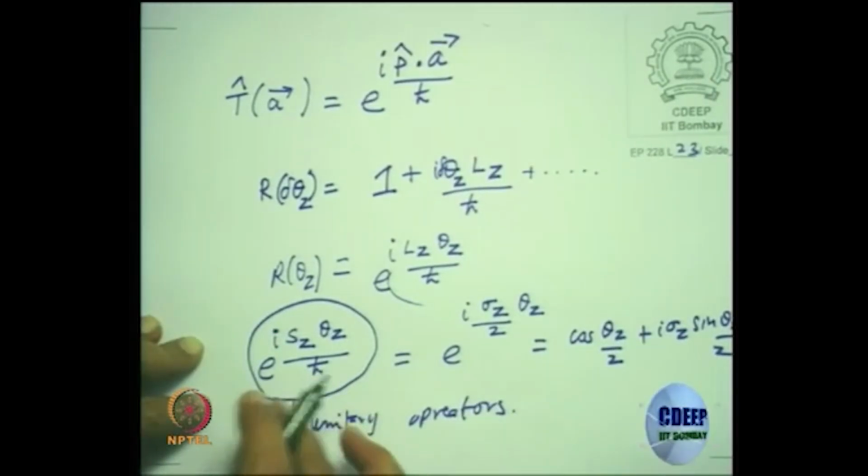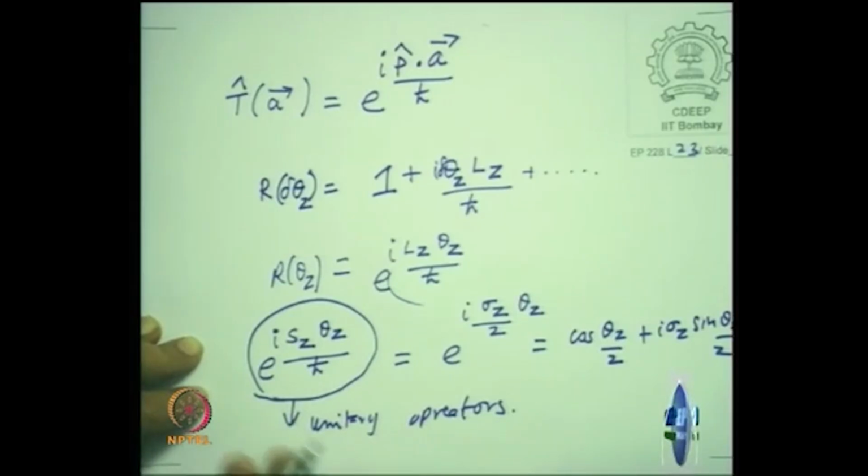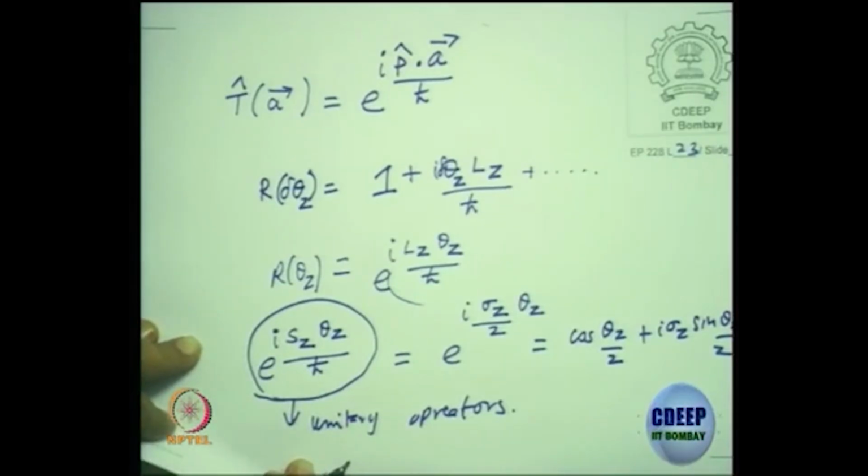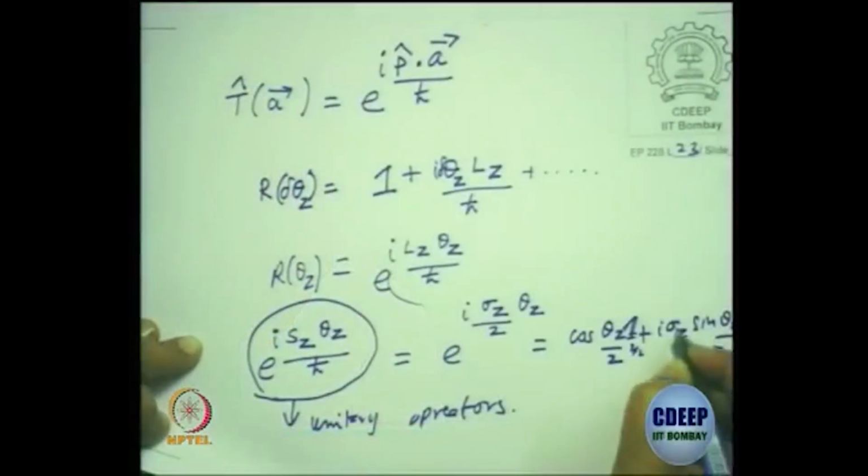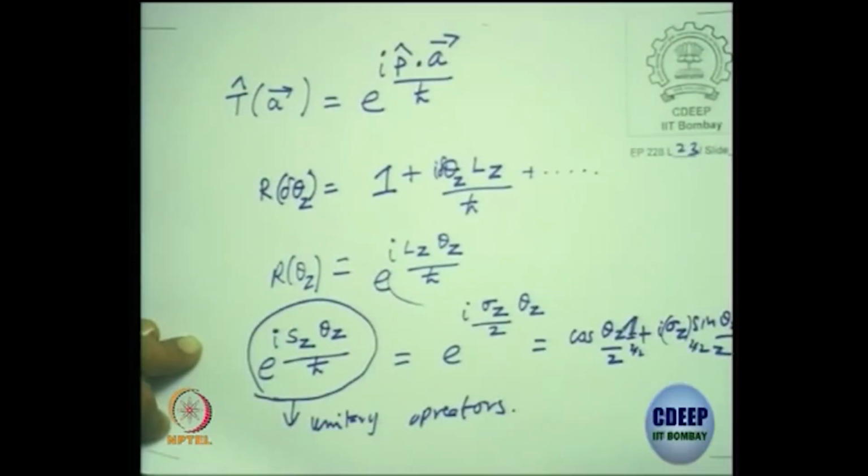What is the dimension of these matrices? You can write a matrix representation. This is a 2 cross 2 matrix, right?